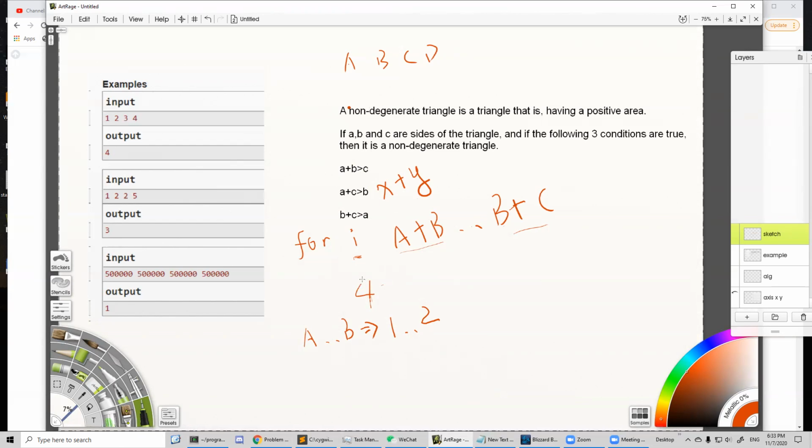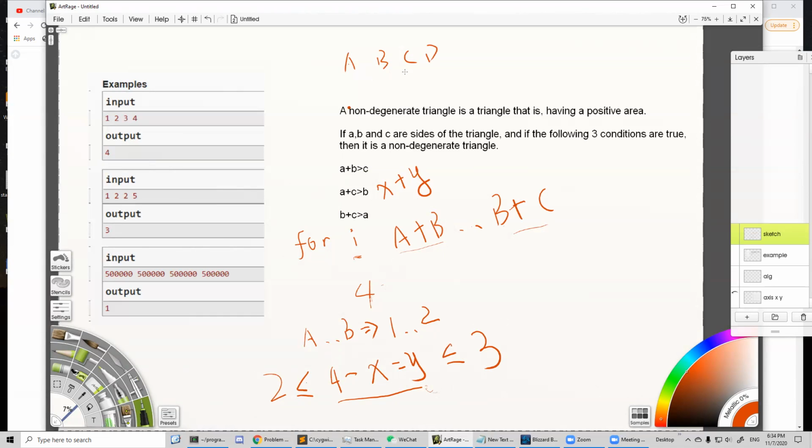Because 4 is I here, and I equals x plus y, so 4 minus x should equal y, which should be smaller or equal than 3 and bigger or equal than 2, because this is the restriction of y, right?